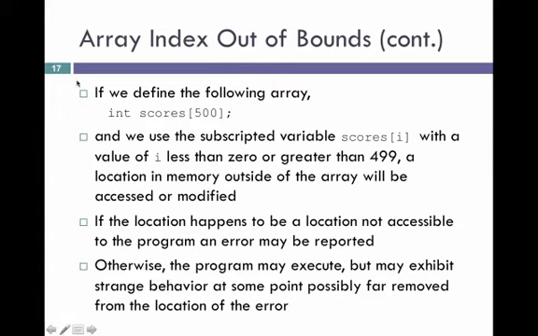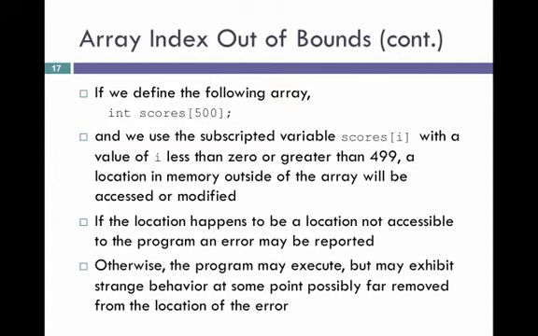So as an example, if we have an integer array scores that holds 500 integers, and we use a subscript variable, scores sub I, where I is less than 0 or greater than 499, it'll do the calculation and try to access memory outside of the bounds of that array, and it's undetermined what will happen.